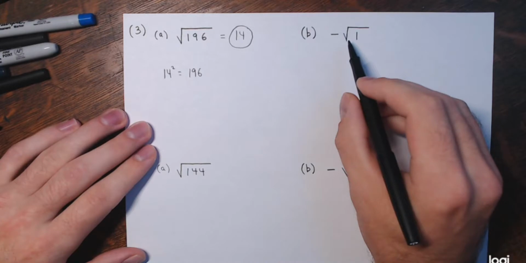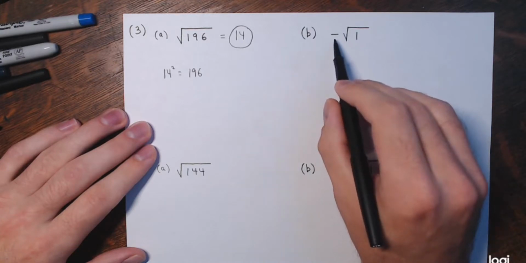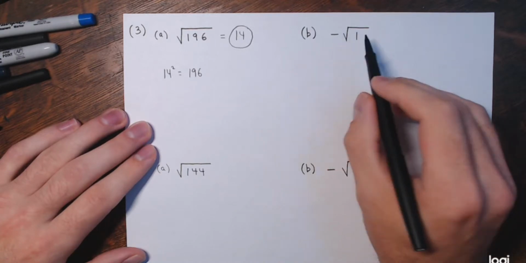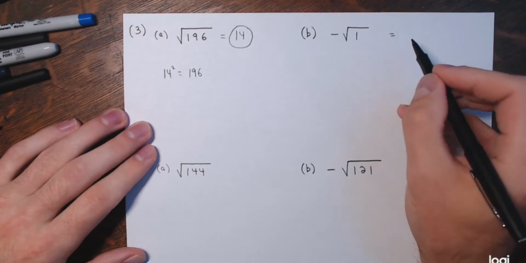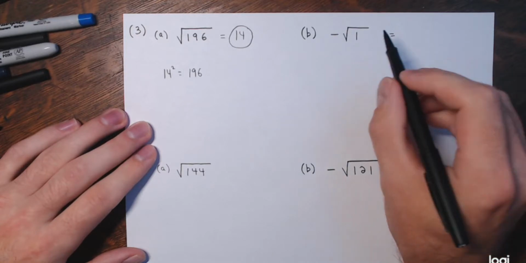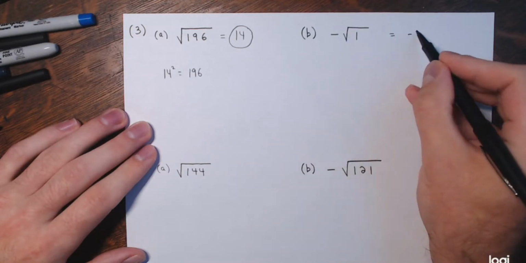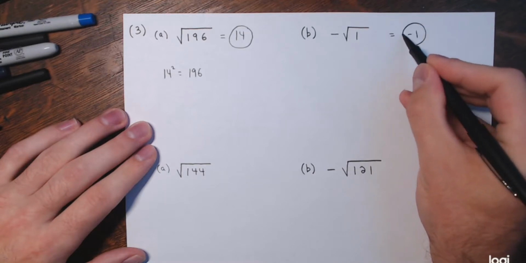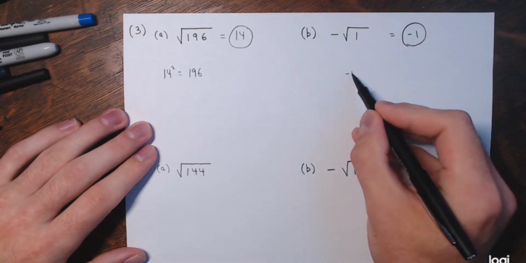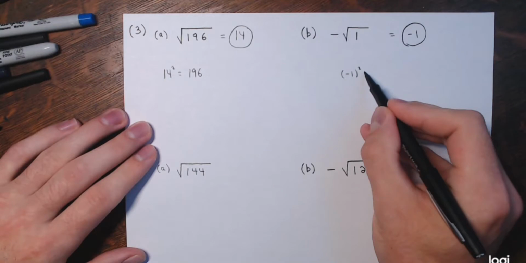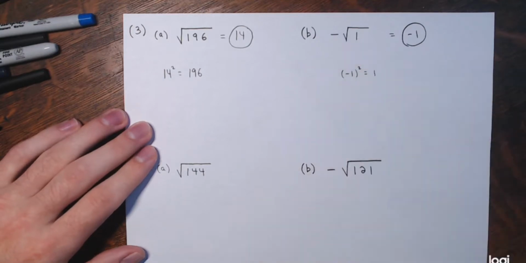Now over here, part B, what's the negative square root of 1? Well, the positive square root of 1 would just be 1, so this would be negative 1. Very simple. And again, since negative 1 to the second power is positive 1, the radicand.